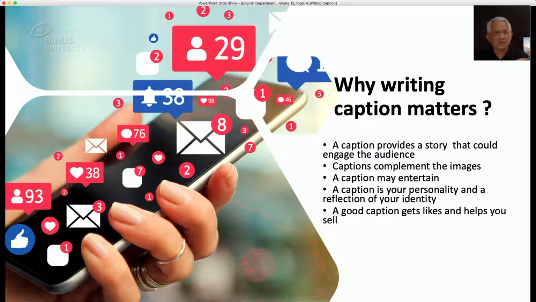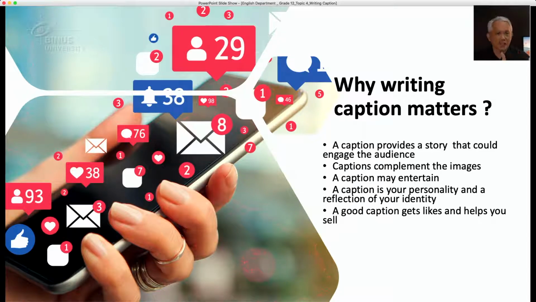For that reason, captions complement the images. They make the pictures not only self-explanatory, but the text or the caption helps tell the story of the pictures.